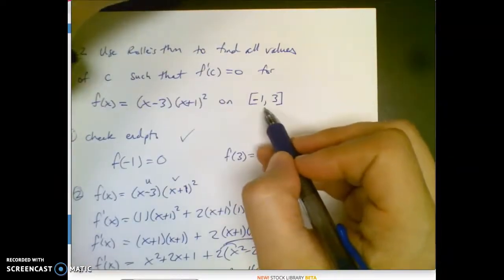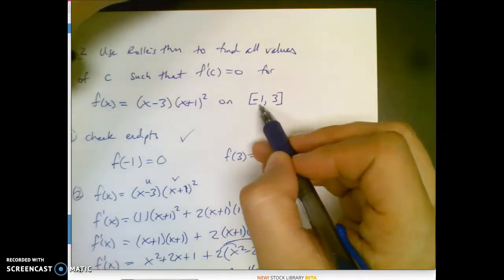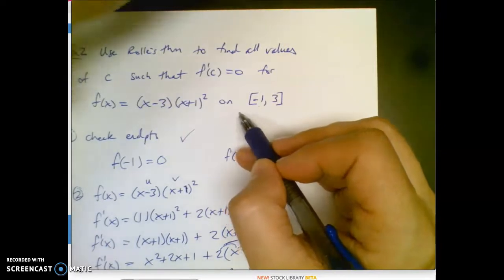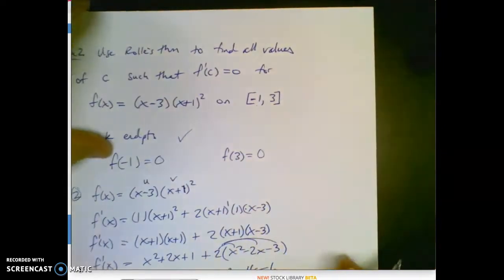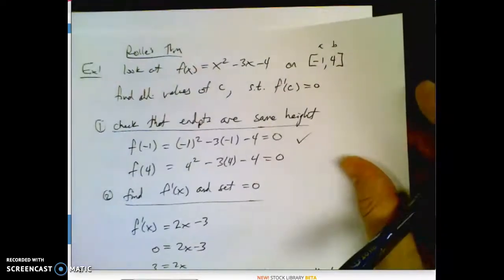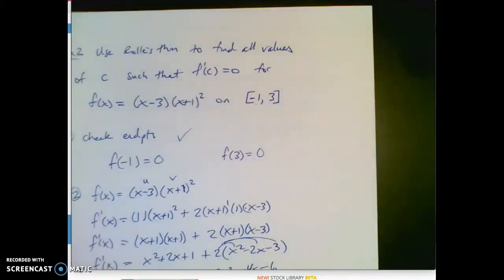So those are the two places. Hold on a second. Do they fall on this interval? Yes. One's on the endpoint. That's totally cool. It wouldn't have been cool if it was on the other side of the endpoint. Hold on. I need to check our Rolle's theorem real quick. I think we said, yeah, it has to be on the interval.